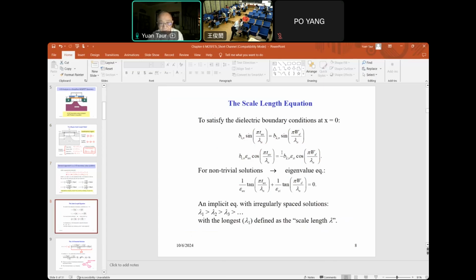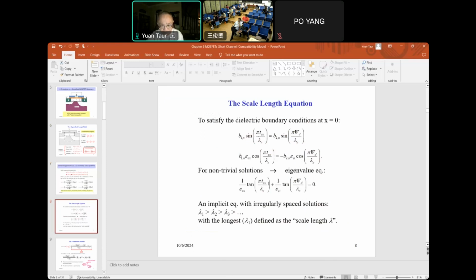When you take a ratio of the two sides, this side becomes a tangent, 1 over epsilon oxide, and the right side becomes minus 1 over epsilon silicon tangent. So we move the right side to the left side, and it becomes this equation. This equation is what we call the eigenvalue equation, and it needs to be satisfied to obtain non-zero solutions.